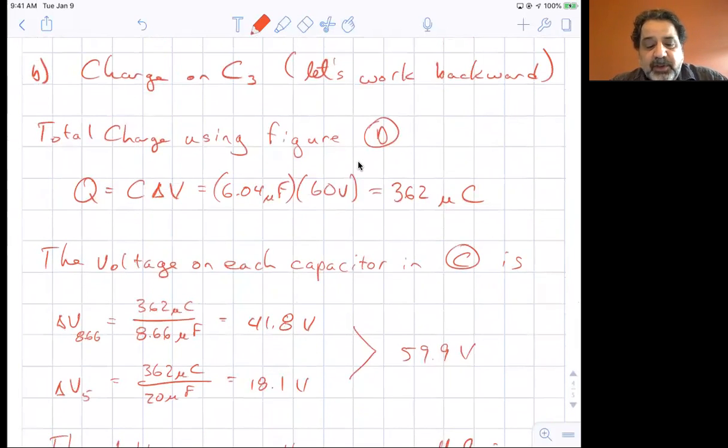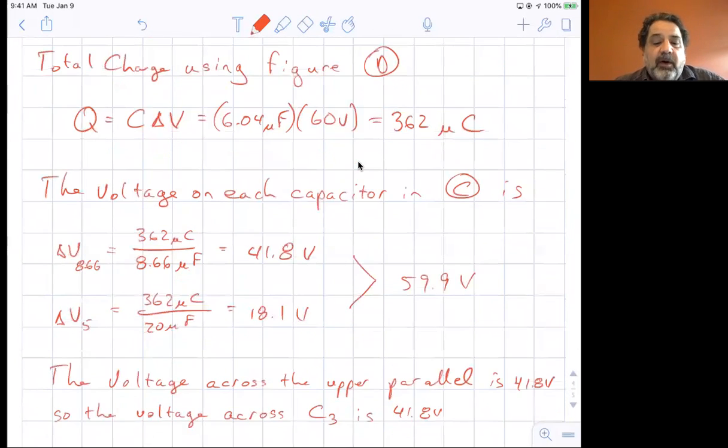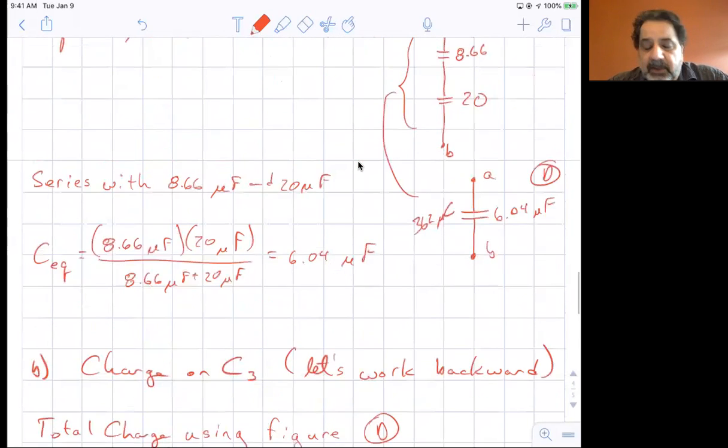So we have 362 microcoulombs. The voltage on each capacitor in C: the delta V for the 8.66 is 362 microcoulombs divided by 8.66, you get 41.8 volts. And the delta V for the 20 microfarad, why do I have 5? It should be 20.